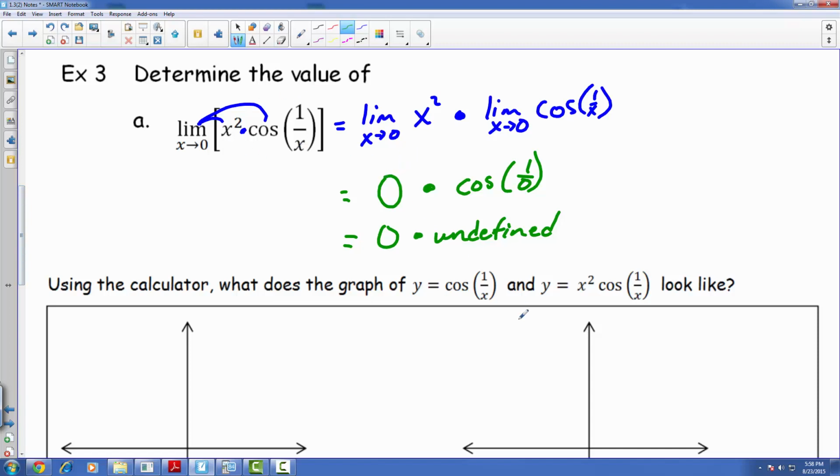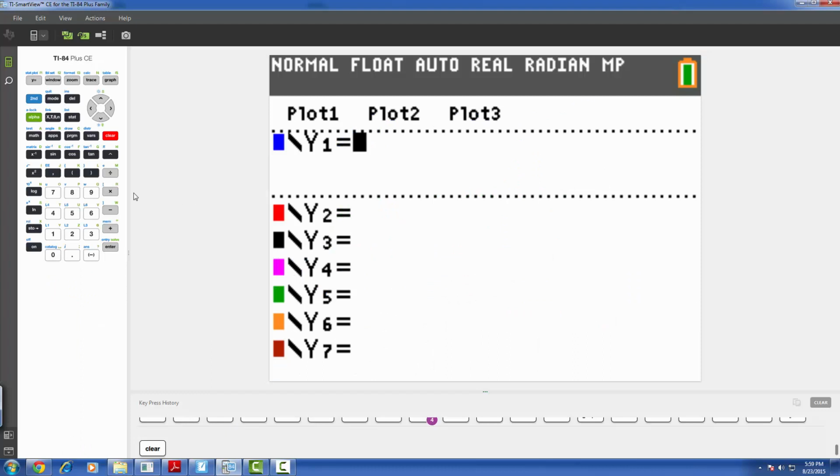Alright, so before we even start with anything, let's graph what this function looks like and see what value it is approaching. All I've done is go to y equals, and then enter our function. It's x squared times the cosine of 1 divided by x.